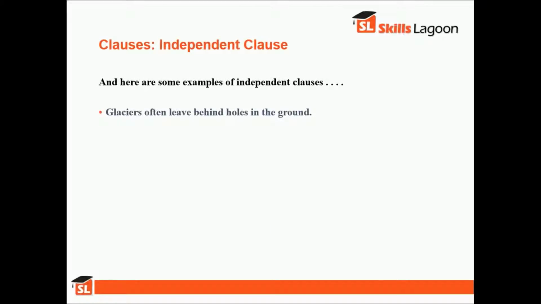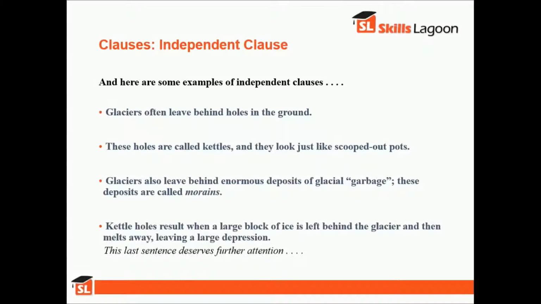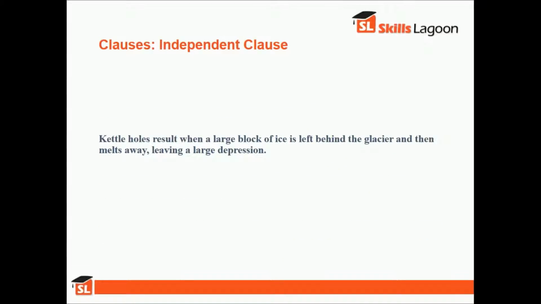Continuing from the last slide, we have the sentence that was the last sentence on your previous slide. If you look at this sentence, it has a very brief independent clause, that is Kettle-Holz result.